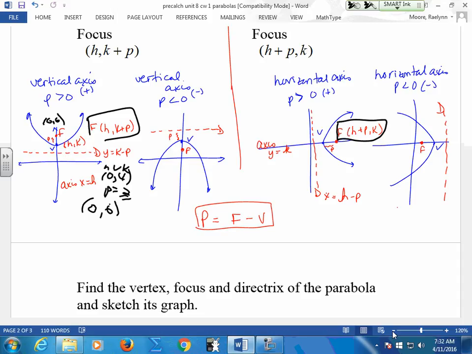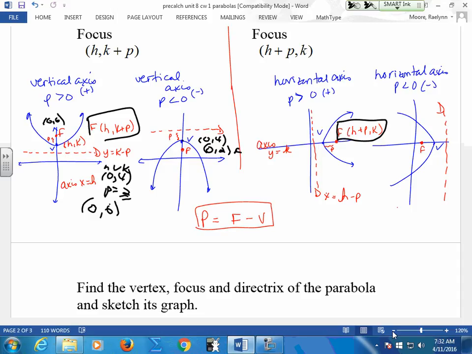So the formula changes. So rather than get hung up on the formula, use your graph, use your sketch. If the focus is inside and P is a value of 2, it's moving up 2. If P is a value of -2 and this is my 4, it's moving down 2. And there would be my focus. So rather than get hung up over the equations of it, just get a good feel for the graph.